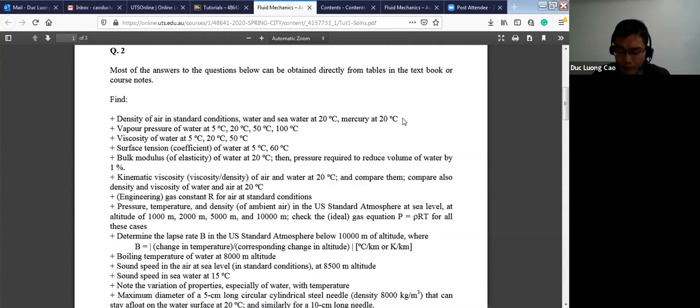It asks you to find properties of air, water, and seawater. Firstly, you have to find the density of air in standard condition.